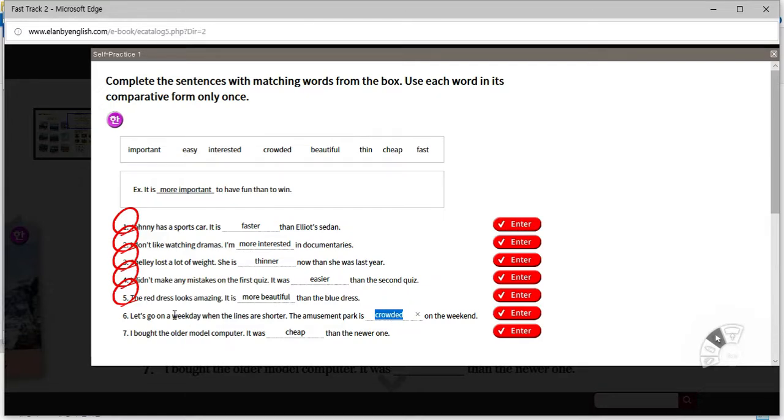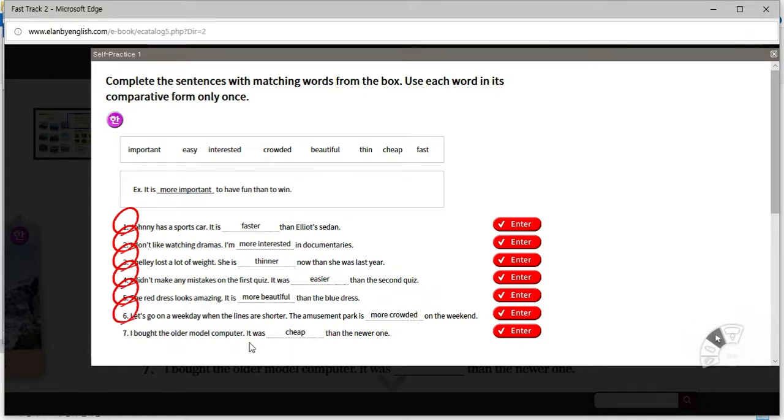Now, maybe on a weekday, it'll also be crowded, but maybe on a weekday, it will be less crowded. Okay? So crowded, 2 syllables. Okay. In this case, we'd say more. Okay. Again, crowded does not end with a vowel sound, so we just put more at the beginning. More crowded.